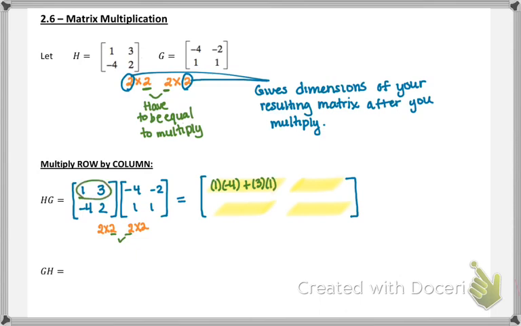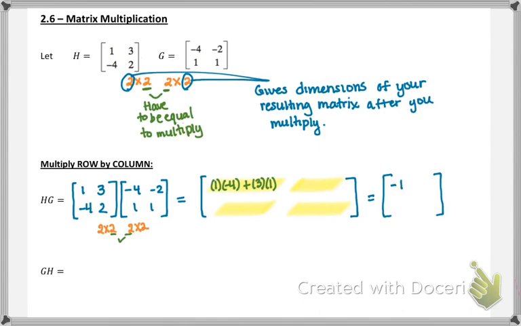The first element multiplied by the first element, plus the second element multiplied by the second element. After you do that calculation, negative 4 times 1 is negative 4, plus 3, that gives me negative 1 for the first row, first column.